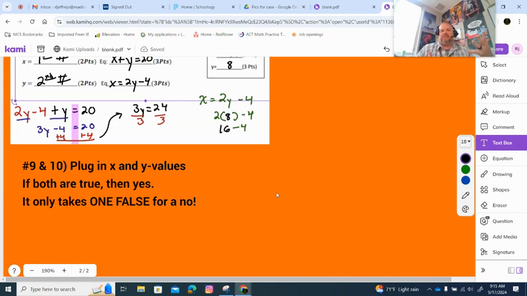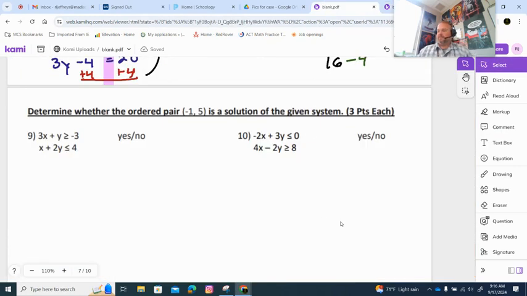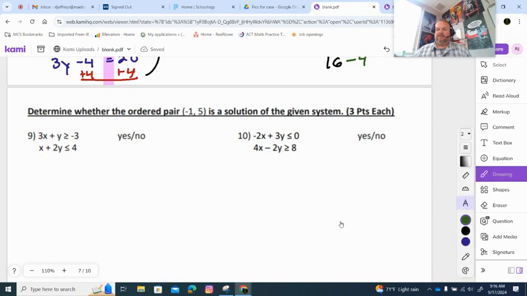We're going to plug in the x and y values. If both are true, then yes. It only takes one false for a no. Okay? It only takes one false for a no. So, again, I did not change these. I changed this out here.